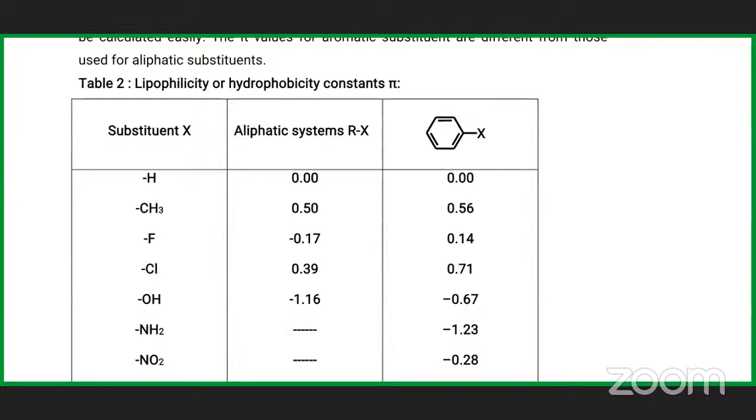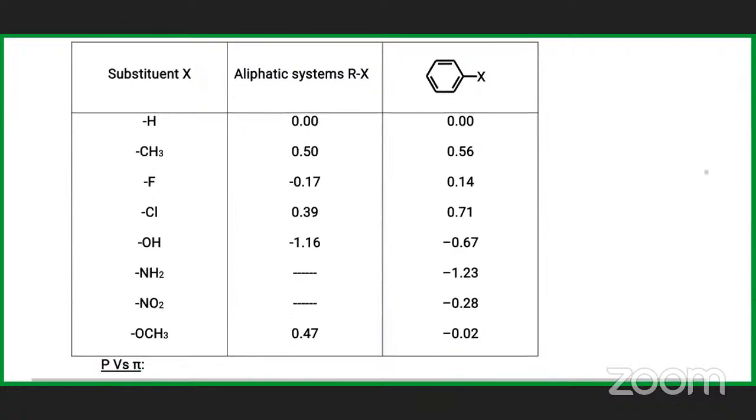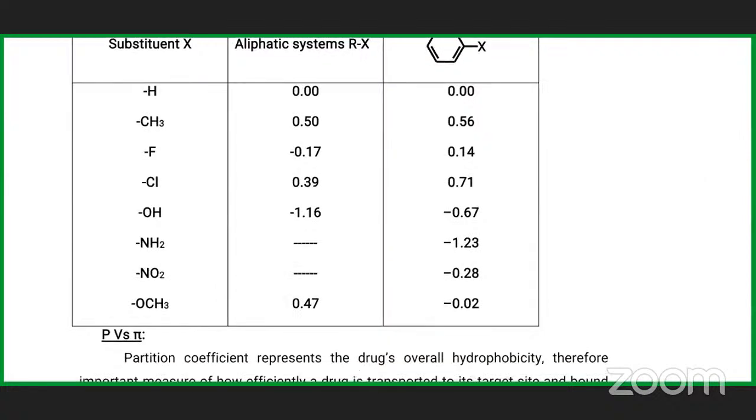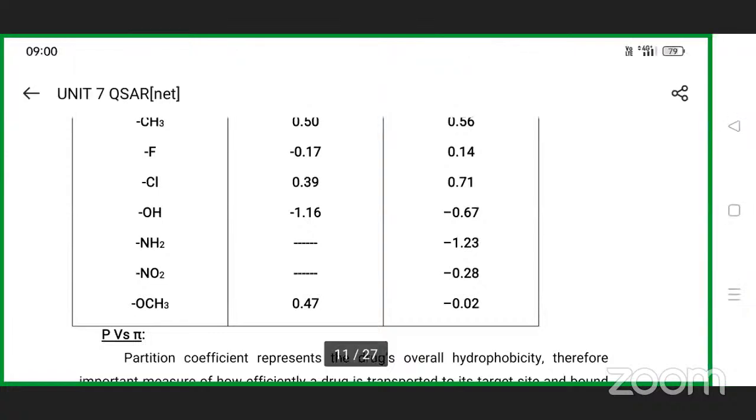And the chlorine, if introduced on the aliphatic system, its value is 0.39, and on the aromatic system, it is 0.71. Likewise, the hydroxy group is minus 1.16 on the aliphatic system, and on the aromatic system, it is minus 0.67.